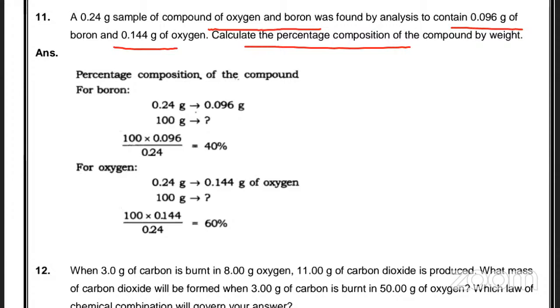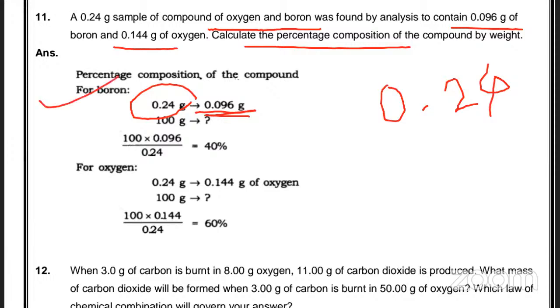Calculate the percentage composition, meaning how much percent of oxygen and boron is present in that compound. The total sample is 0.24, and in the analysis, out of 0.24, 0.096 gram is of boron and 0.144 gram is of oxygen.